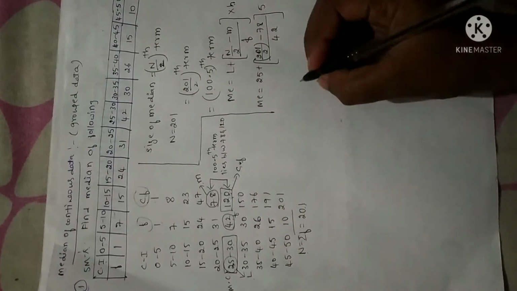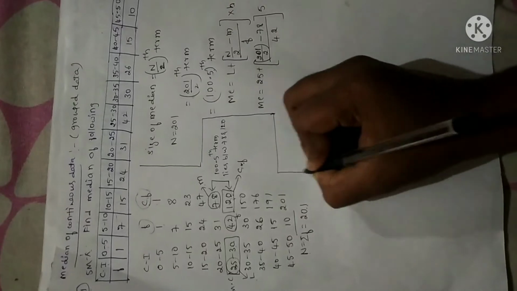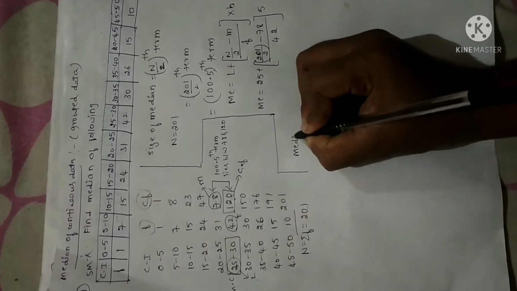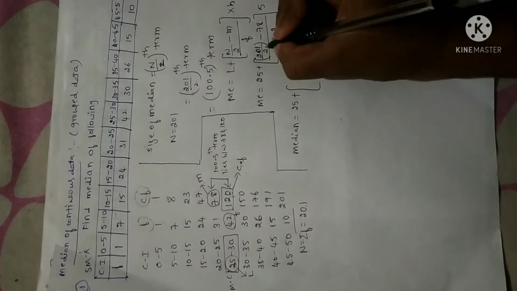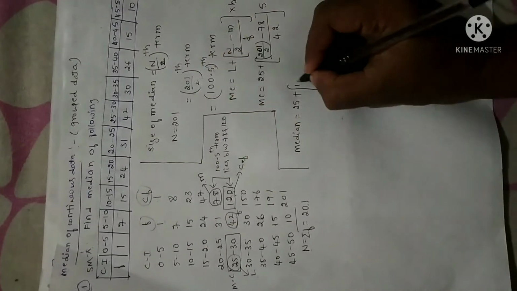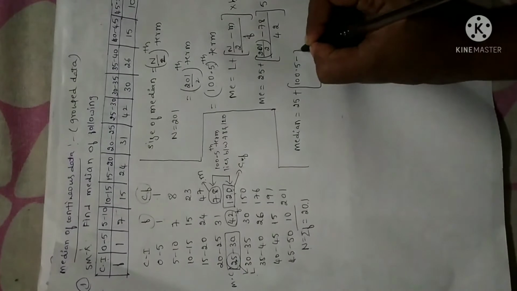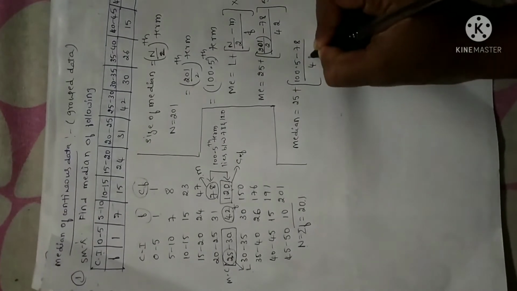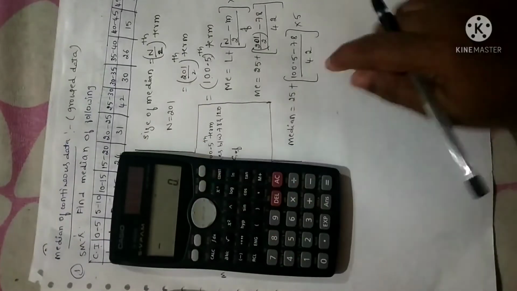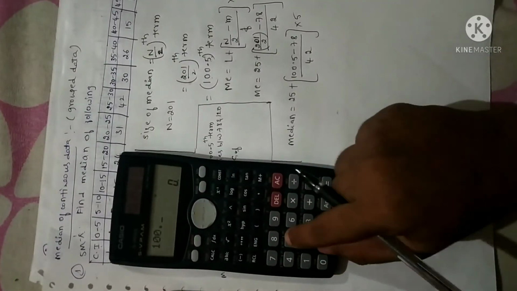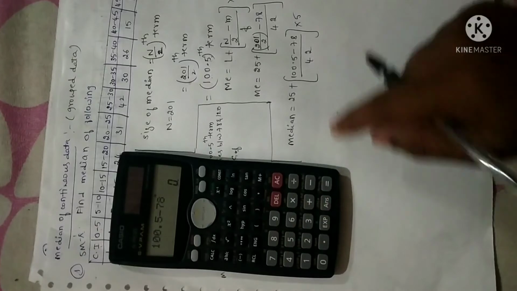Fine. Now let me simplify this. The required median will be 25, you keep as it is, plus 201 divided by 2, which I have already calculated as 100.5, minus 78, divided by 42, into 5. Now let me simplify. 100.5 minus 78 you can simplify in one step.